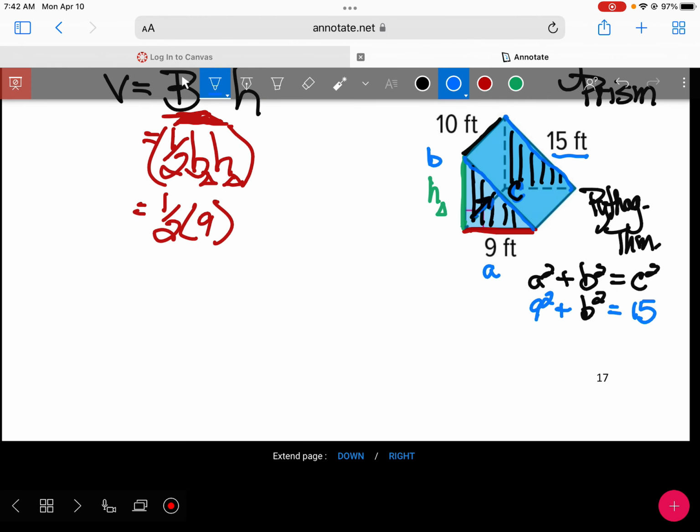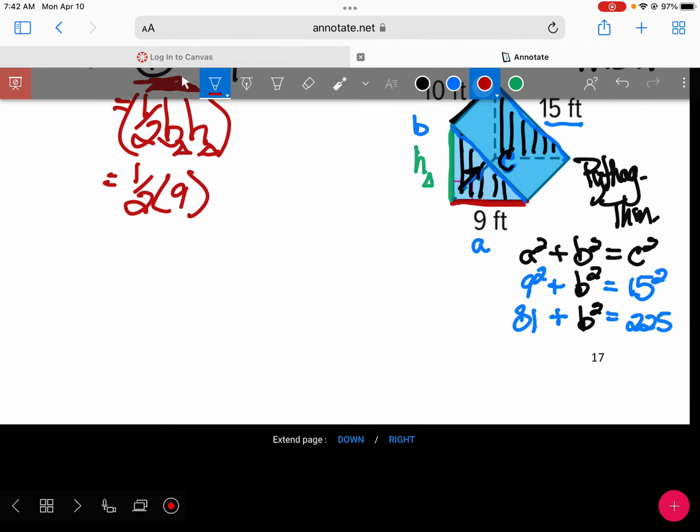So 9 squared is 81 plus b squared equals 15. Oh, I forgot to square that. 15 squared is 225. Since I want to get b squared by itself, I need to subtract 81 from both sides, and I get b squared equals 144.